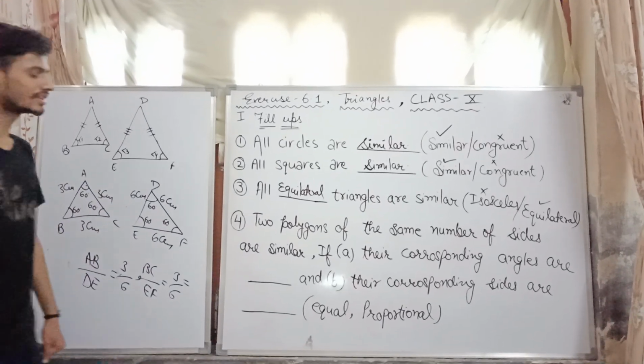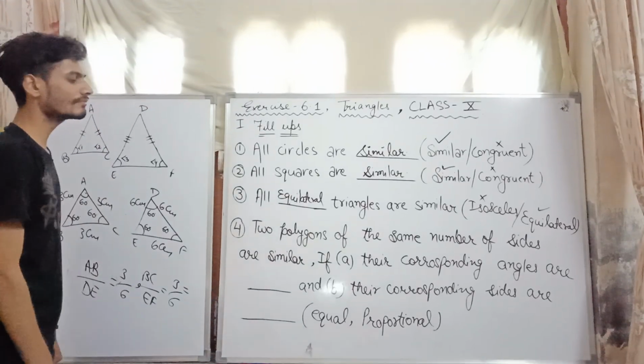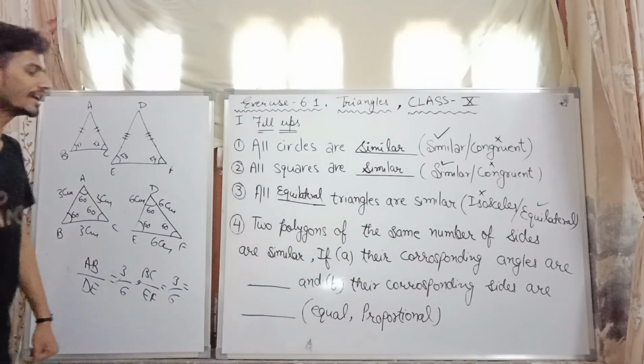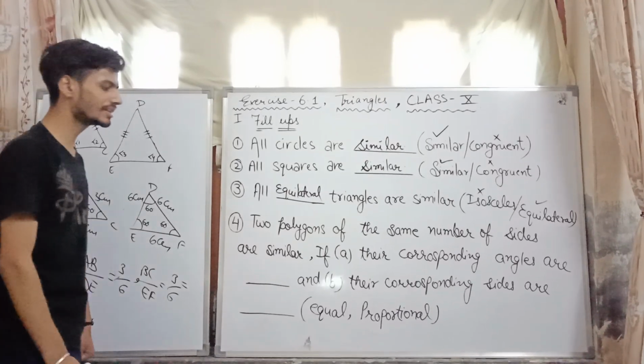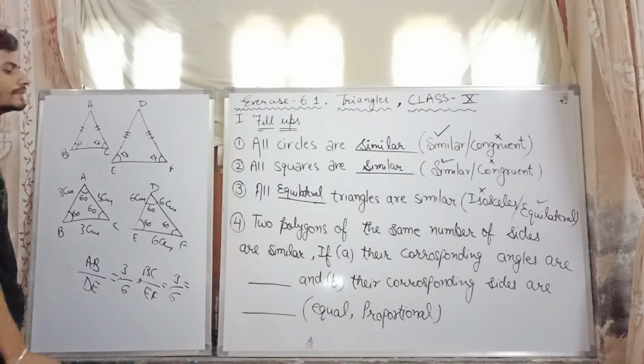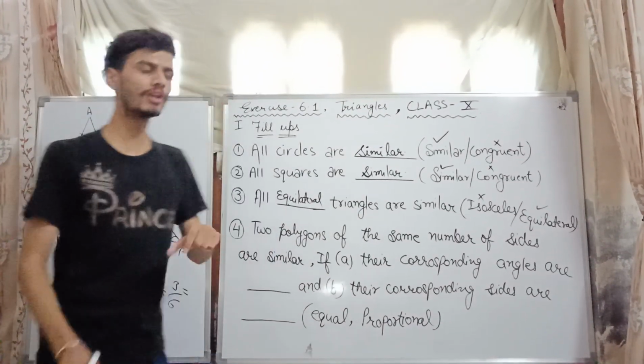And the last blank is: two polygons of the same number of sides are similar if their corresponding angles are dash and their corresponding sides are dash. So equal and proportional are the options which we have to fill in the proper blanks. In order to fill these, we have to keep in mind the principle of similarity.